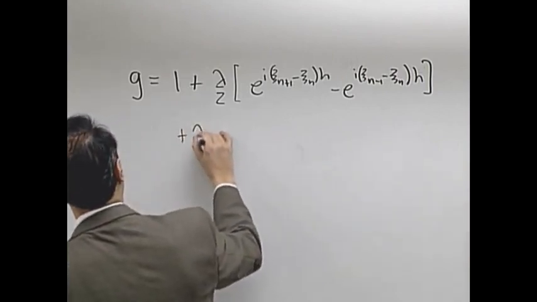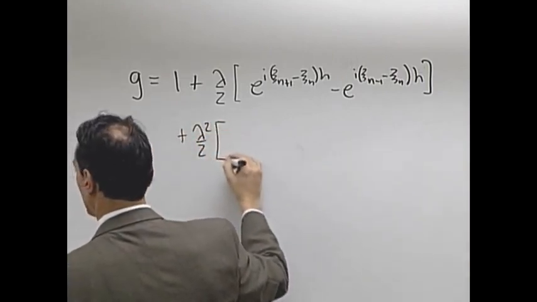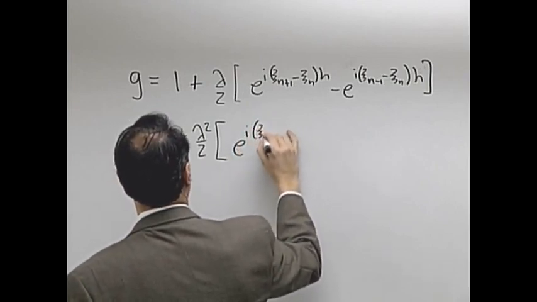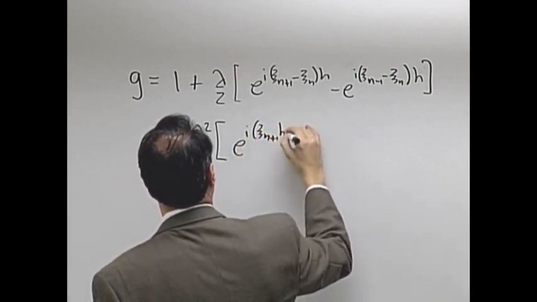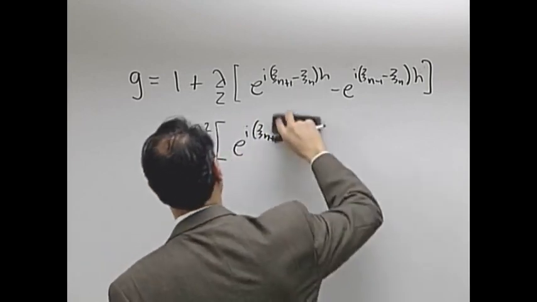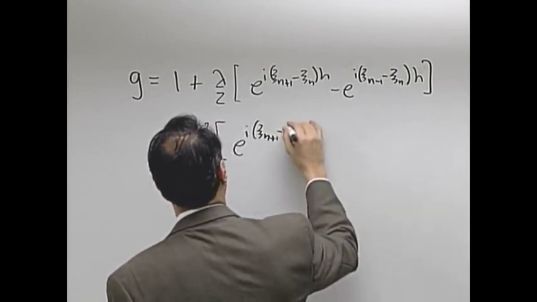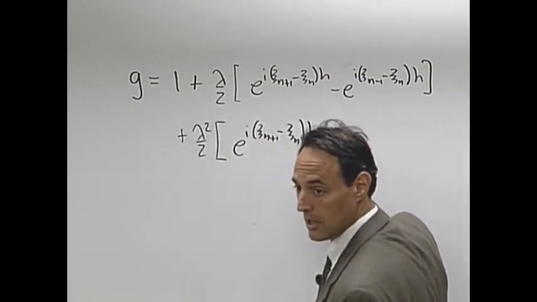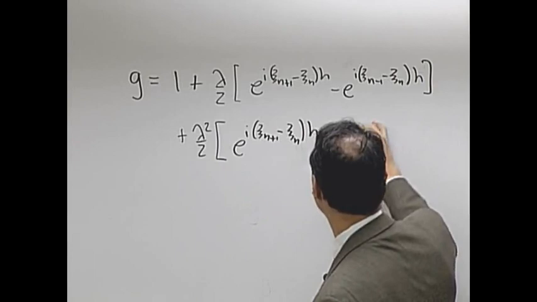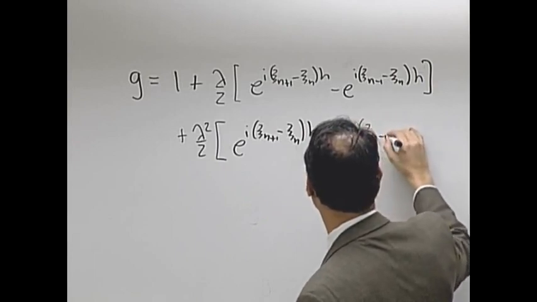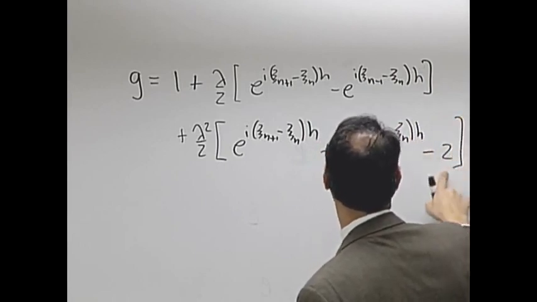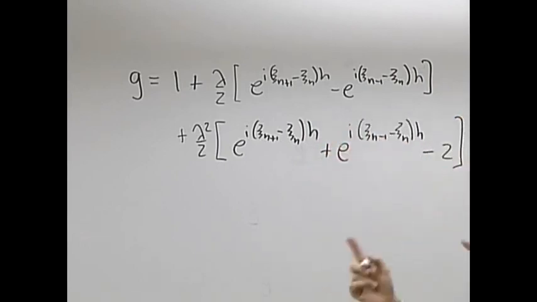Plus lambda squared over 2. Right? And then you have here e to the I, c of n plus 1 minus c of n, h. And I'm going to rearrange terms slightly here. You're going to get a plus e to the I, c of n minus 1 minus c of n, h, minus 2. The minus 2 comes because you have a g of m and you have e to the I, they all cancel out.